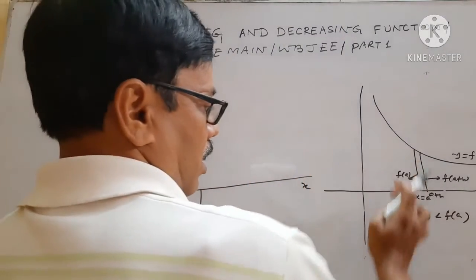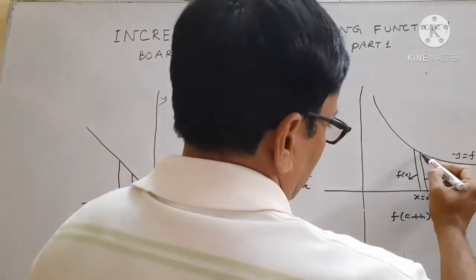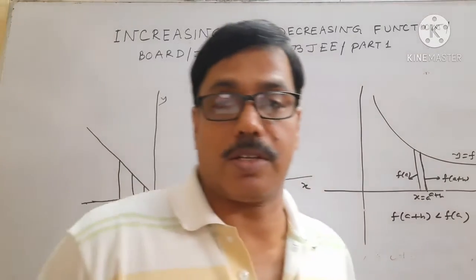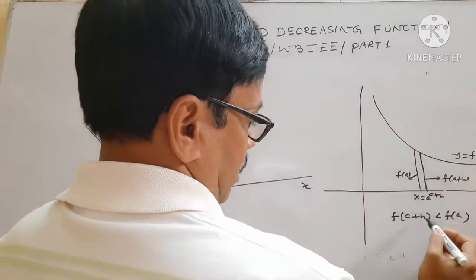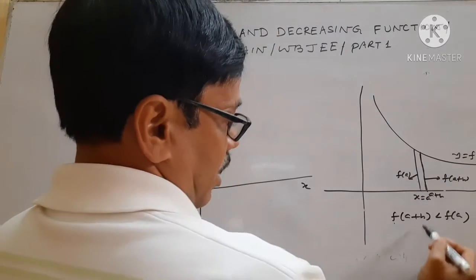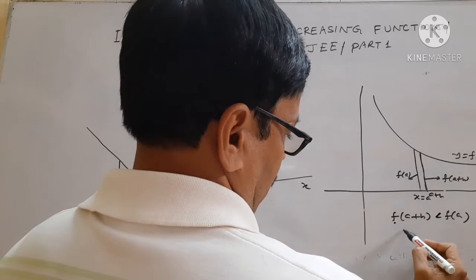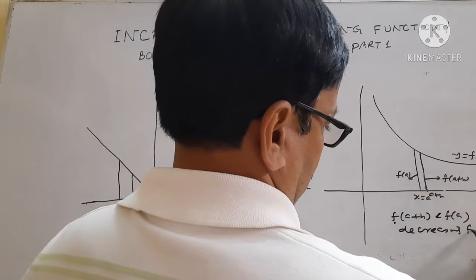So for a function f(x), if you go right, then the ordinate decreases. A function f(x) is said to be decreasing at x equals a if f(a plus h) is less than f(a). So this is decreasing function.